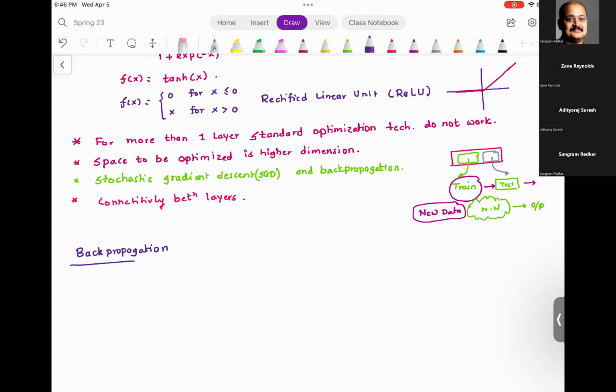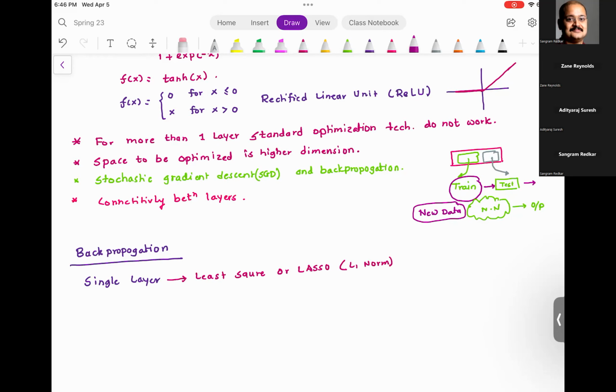What do we mean by backprop? In the single layer neural network, we used least square regression, or lasso, which is L1 norm type regression.